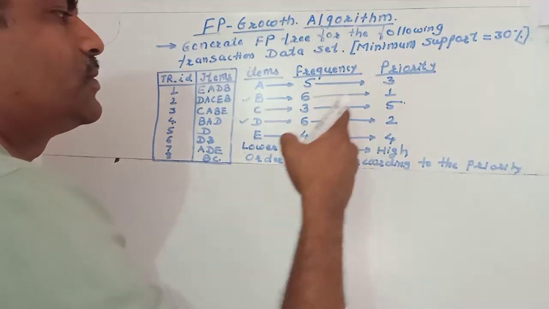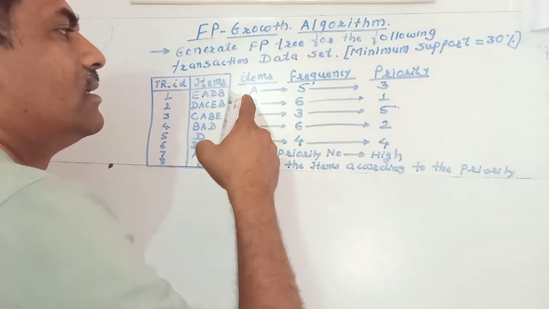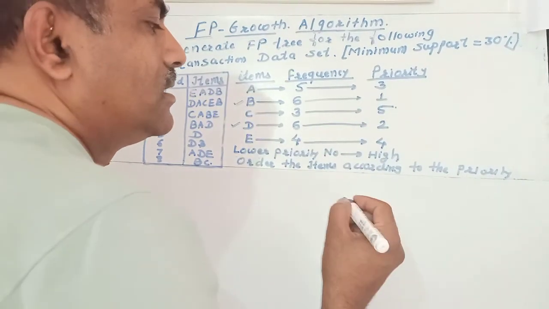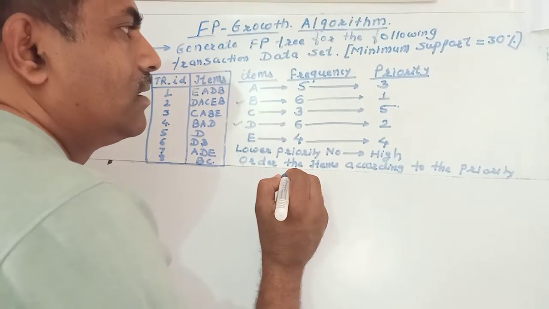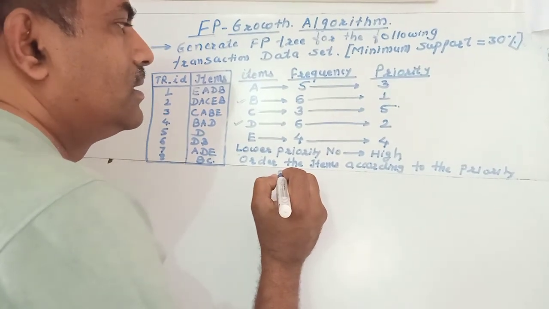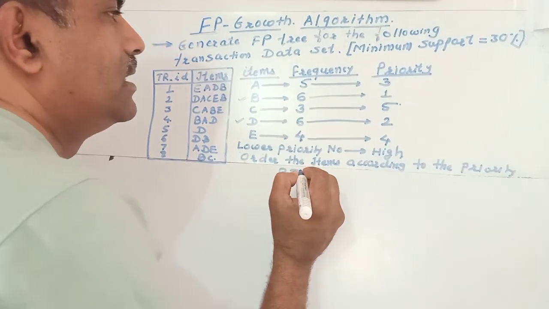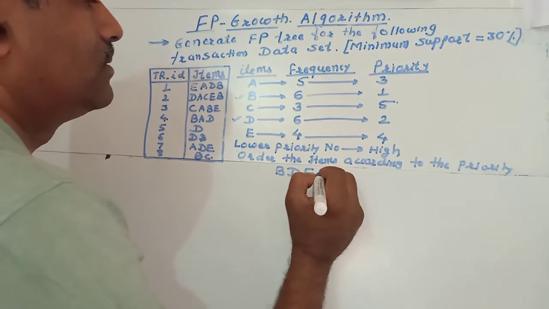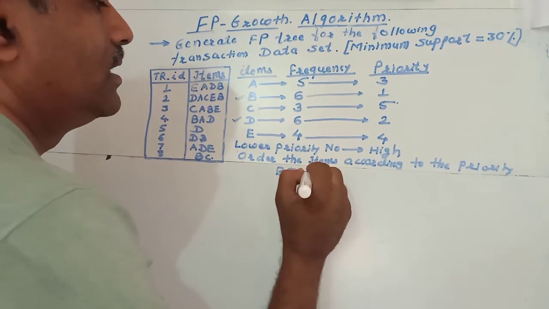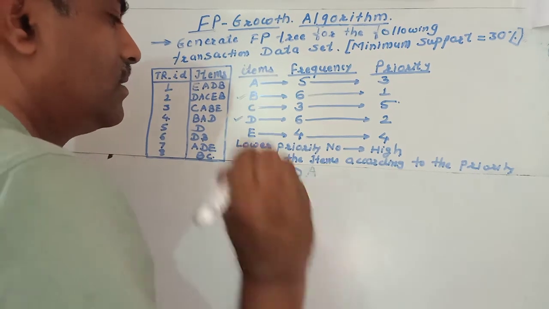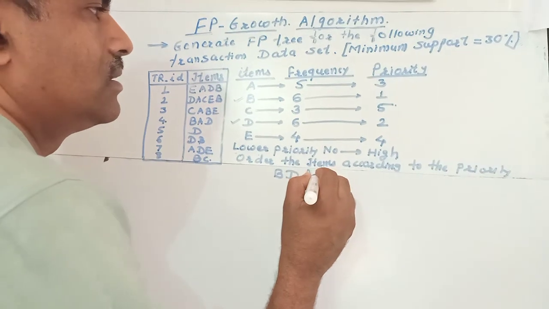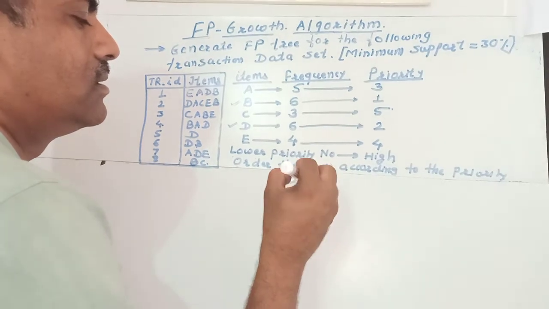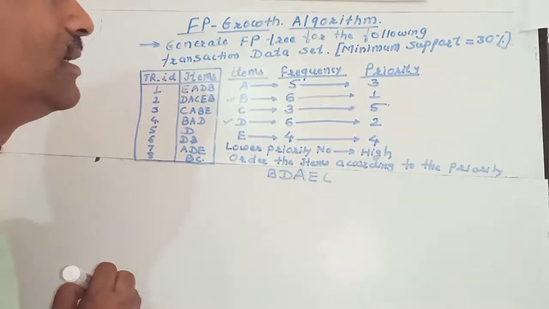So B is having the highest priority, then D, then A, then E and C. So likewise the priority order we now have is B, then comes D, then comes A, then E and C. So this is the newly generated priority list, right?